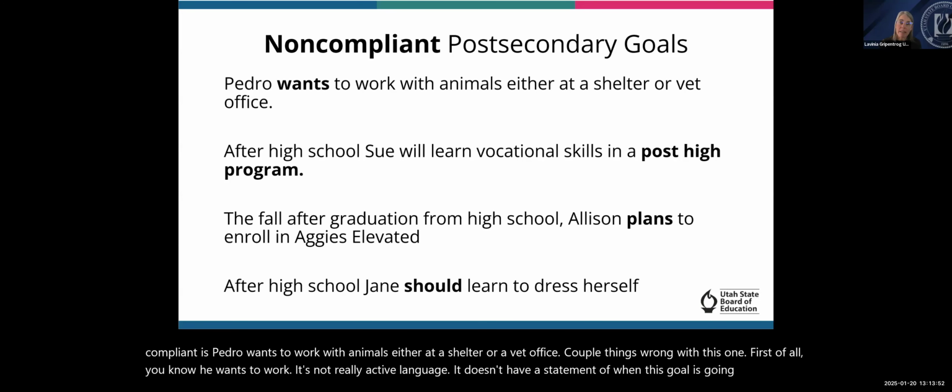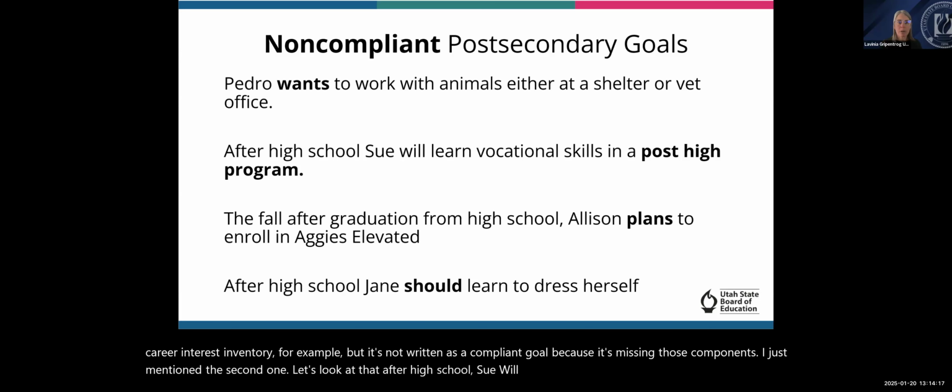The second one, let's look at that. After high school, Sue will learn vocational skills in a post-high program. It's got the after high school, it's got the will, but the problem with this is it's written for what she'll do in post-high, which is an 18 to 22-year-old program, probably still back in her school district. This goal needs to be written for what she'll do after she leaves the school district.